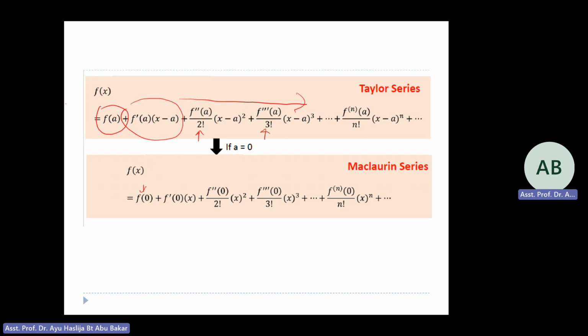Okay, now we try this exercise. Similar Taylor series, but now X is 1.2. The question asks you to calculate the value for E 1.2 by using truncated infinite series with an absolute relative approximate error less than 1%.